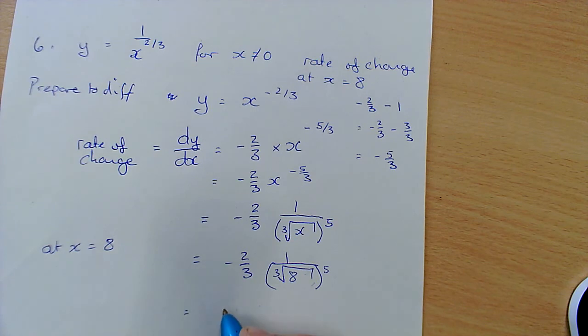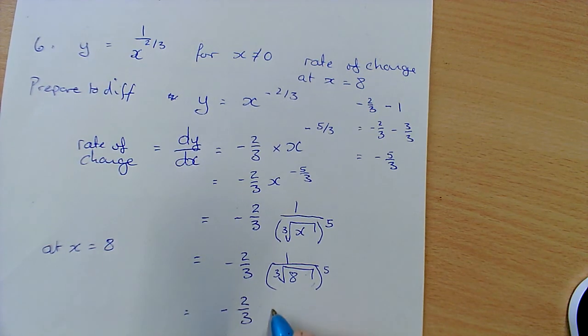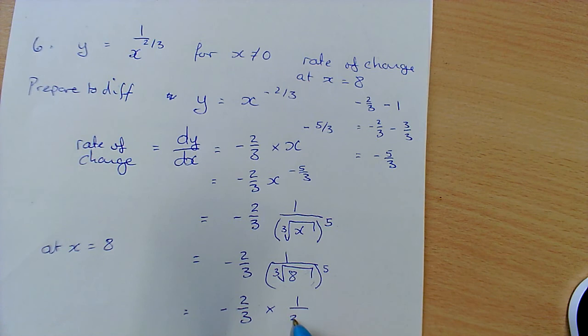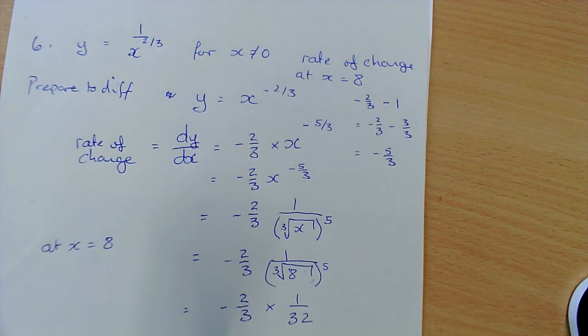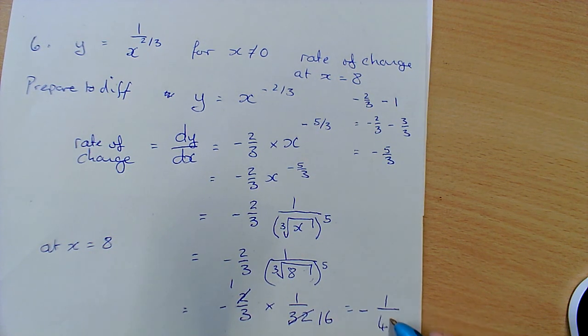So that equals negative 2/3 times 1/32. And you can times the top together and the bottom together and then simplify, or you can simplify before you do it. And that gives me, I've got a negative times a positive, so that's going to give me a negative, and 3 16s are 48, so that's minus 1/48. Okay.